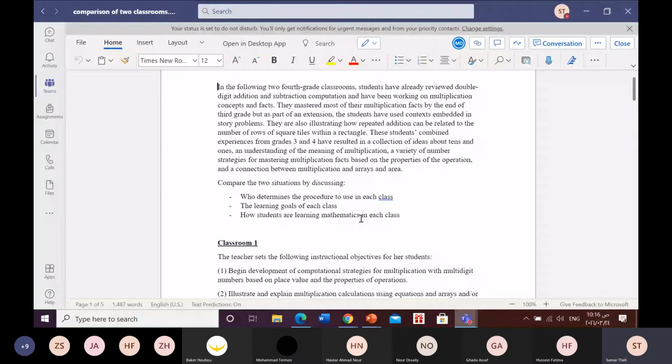They mastered most of their multiplication facts by the end of the third grade, but as part of an extension the students have used context embedded in story problems. They are also illustrating how repeated addition can be related to the number of rows of square tiles within a rectangle.